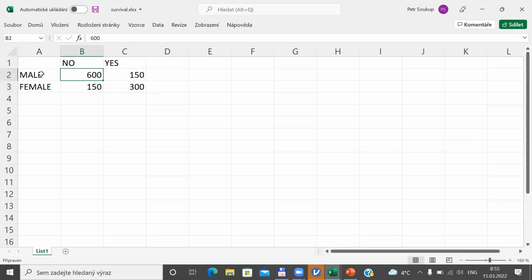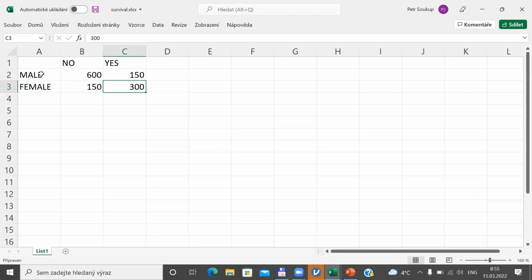First of all, we know that 600 males didn't survive and 150 survived. For females, the proportion is slightly opposite: 150 died and 300 survived.